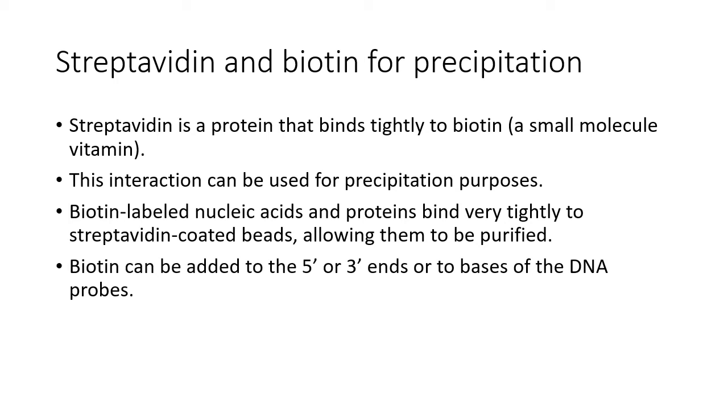So it's like your basic IP type experiment, only instead of using an antibody and protein A or something, you're going to use biotin-labeled nucleic acids and use streptavidin beads to pull them down. So the biotin can be added to the 5' or 3' ends of DNA or to the bases. It doesn't much matter.